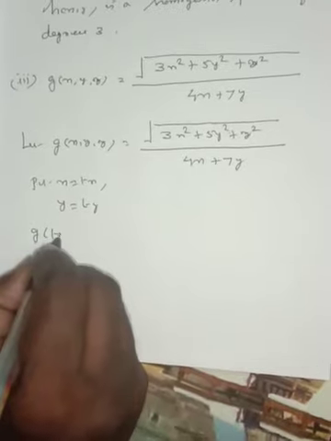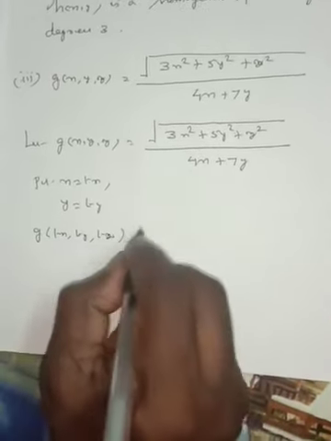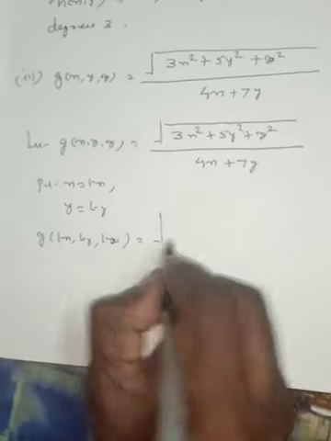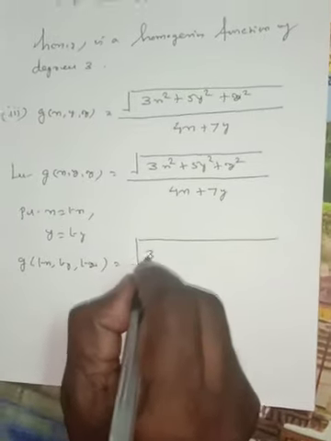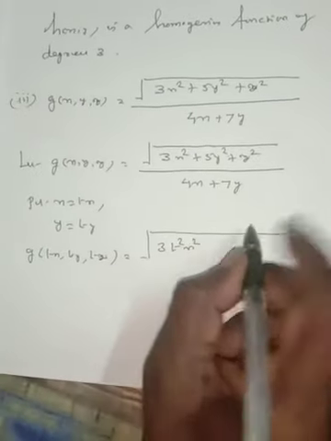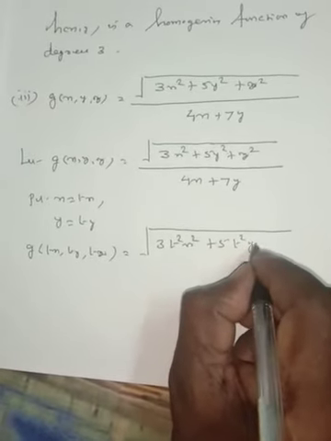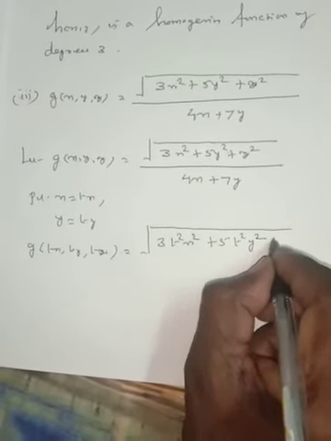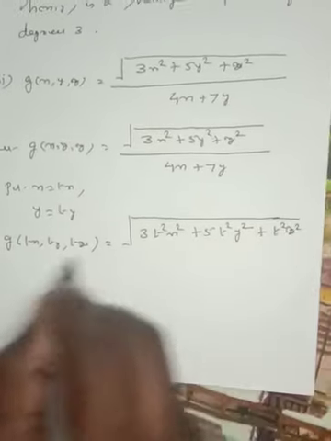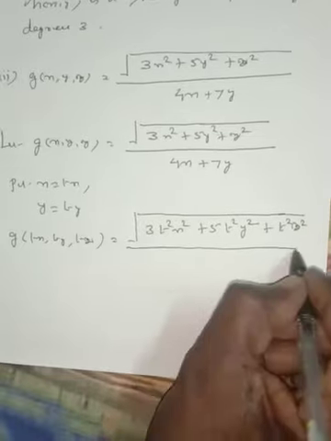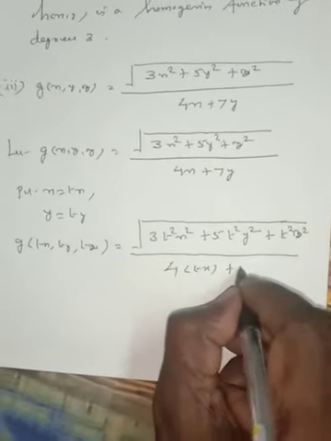G of tx, ty, tz is equal to square root of 3 t square x square plus 5 t square y square plus t square z square divided by 4 into tx plus 7 into ty.